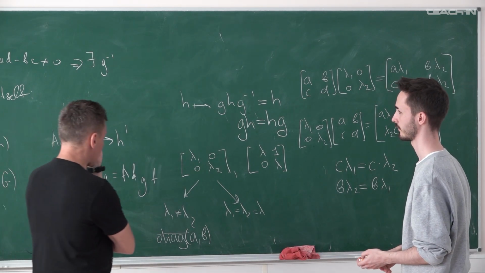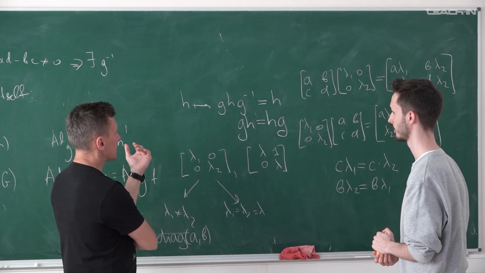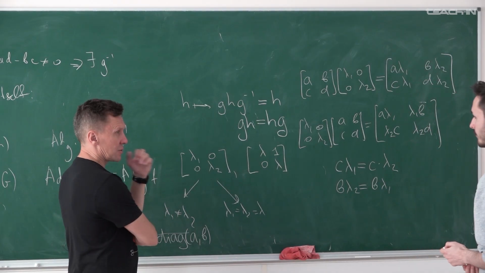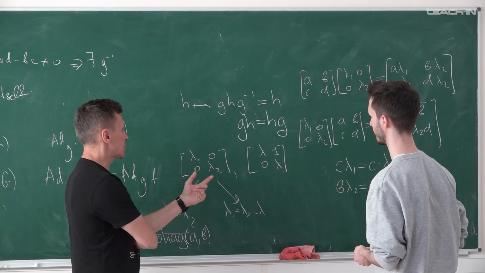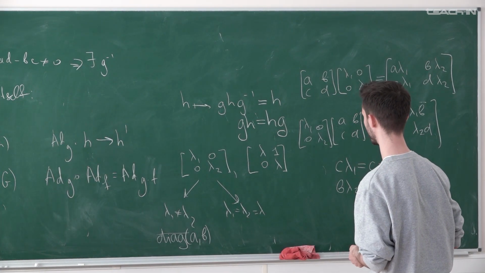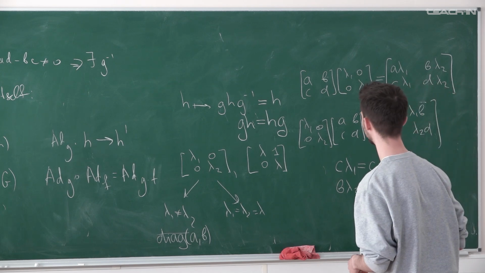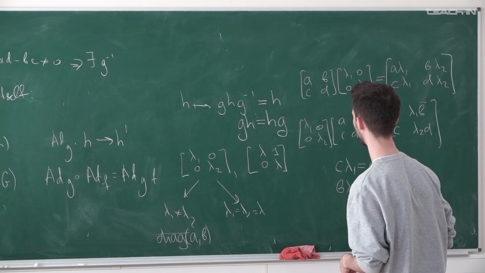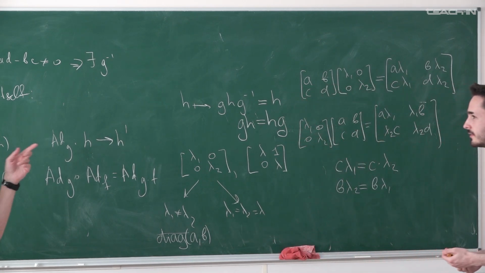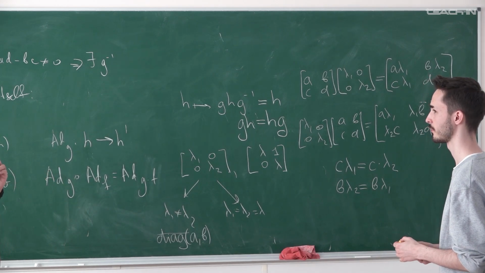Could you understand what is the stabilizer in the case of the diagonalizable matrix with different eigenvalues? Not diagonal, but which lies in this orbit. What are the stabilizers? I think it's also just diagonal matrices, but diagonal in the basis in which this matrix is diagonal. Yes, that's right.